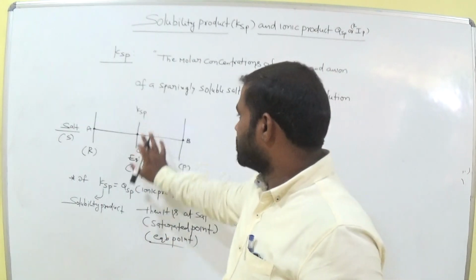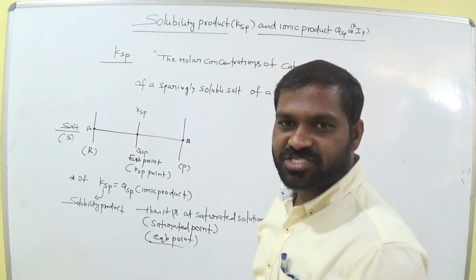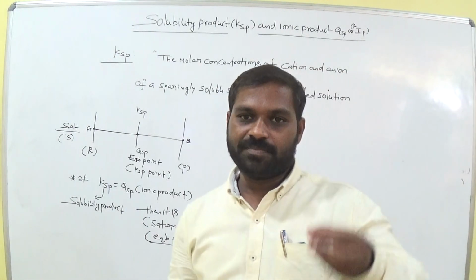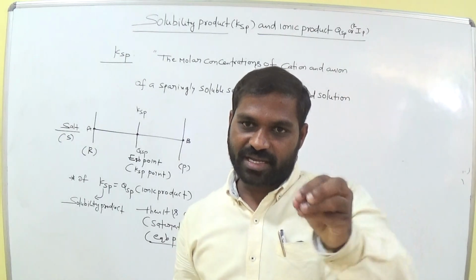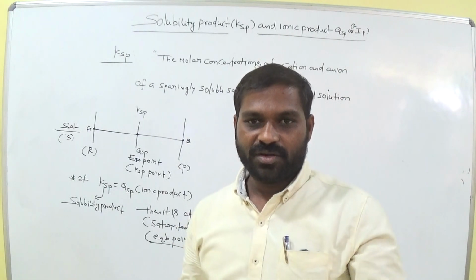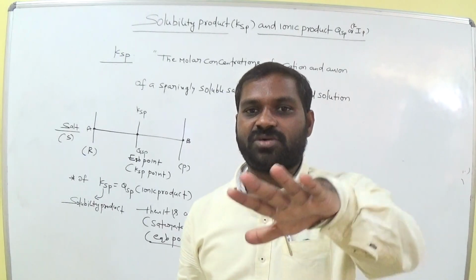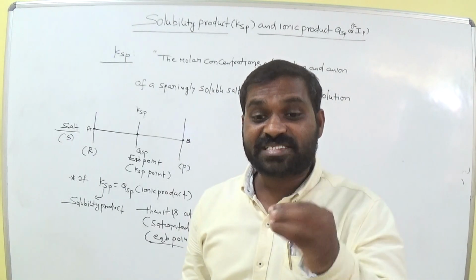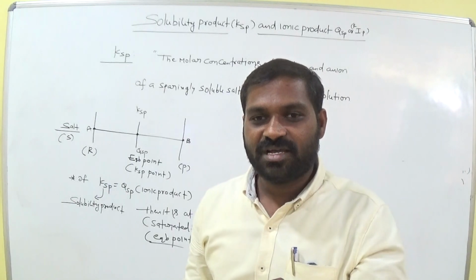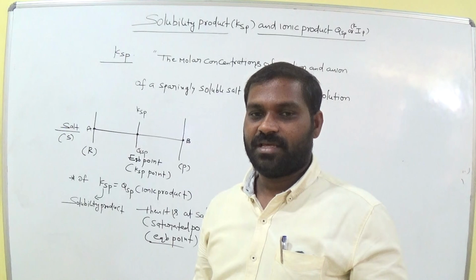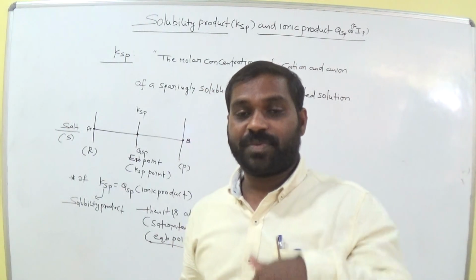Now at this point both are equal. Saturation means no precipitate is formed. Suppose we keep some quantity of glucose or sugar in a particular quantity of water for drinking, and if we stir it, it completely dissolves. That is called saturation. If there is any excess sugar at the bottom of the glass, that means it is supersaturation.